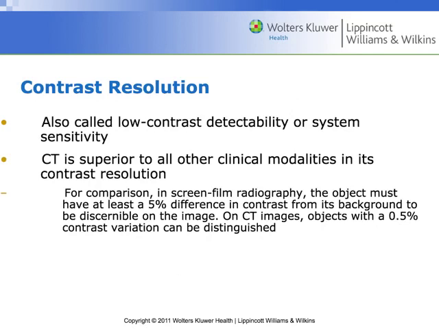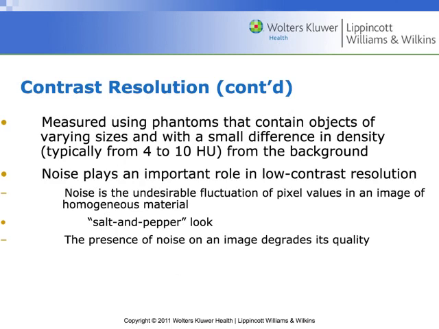For them to be distinguishable on CT, they only need a 0.5% variation. So I can see very, very carefully, is that a mass in the liver or is it just liver? That's what we're talking about when we talk about sensitivity. How sensitive is it to different attenuation coefficients within the anatomy?